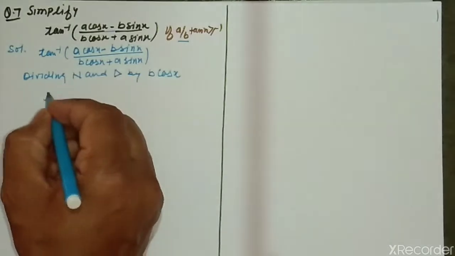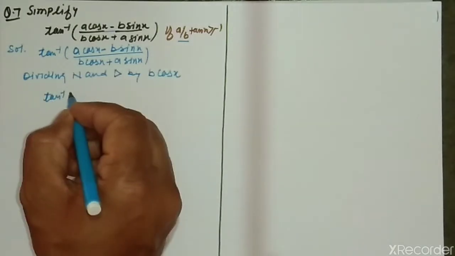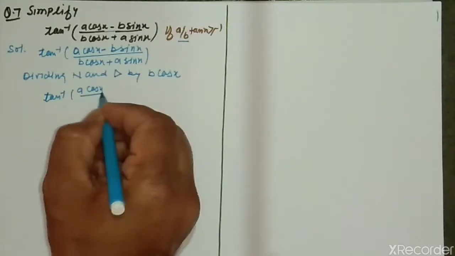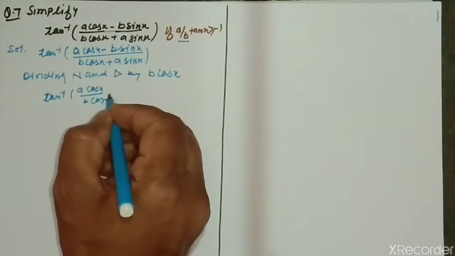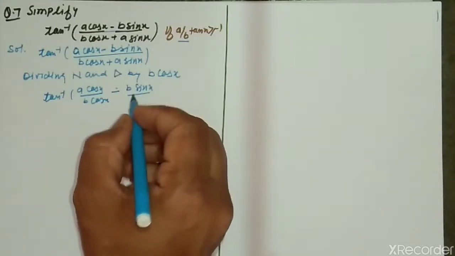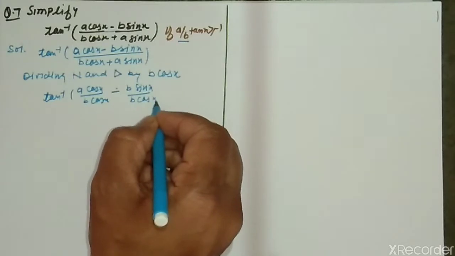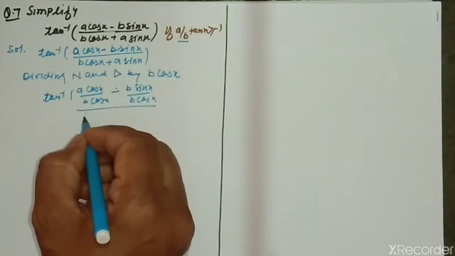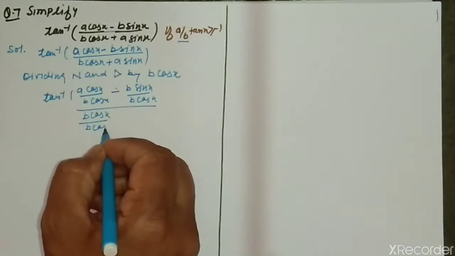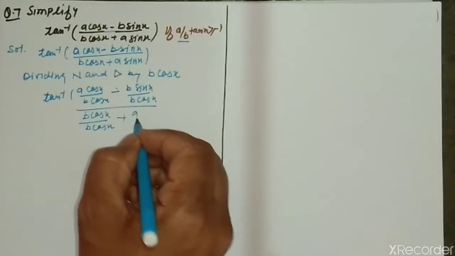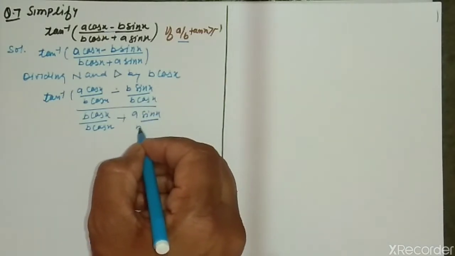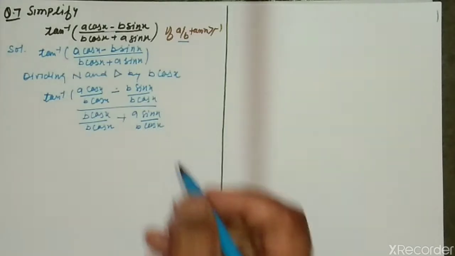So we get tan inverse of (a cos x upon b cos x minus b sin x upon b cos x) upon (b cos x upon b cos x plus a sin x upon b cos x). Clear?